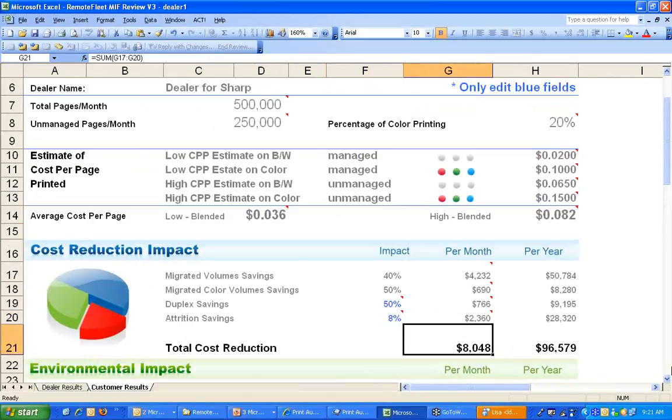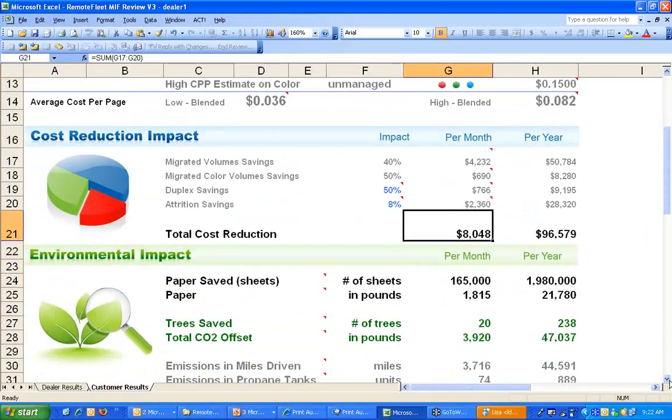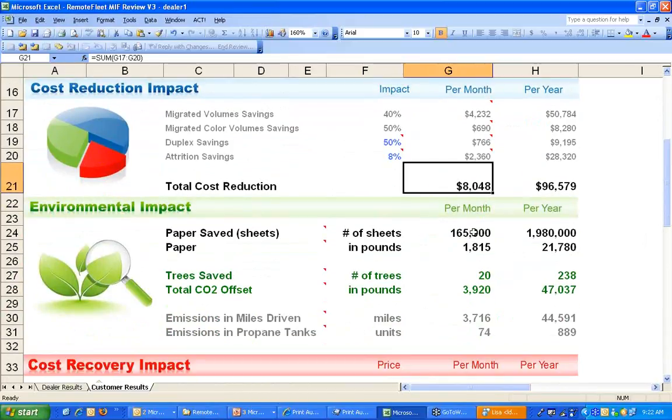So the total savings for the customer at this point is a significant $8,000 per month. And that $8,000 per month comes with an environmental benefit as well. That's not quantified in dollars, but is quantified in paper savings as well as CO2 offset.